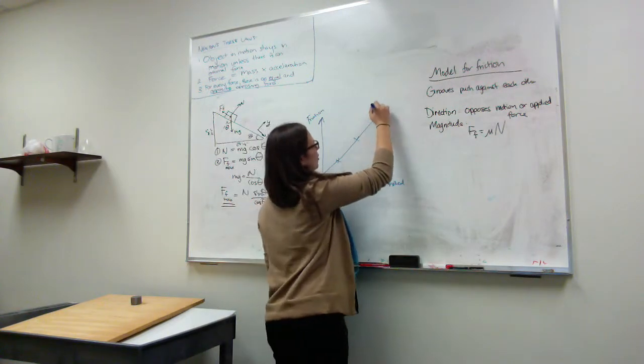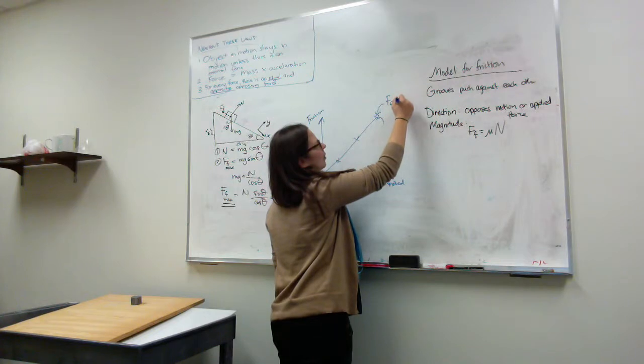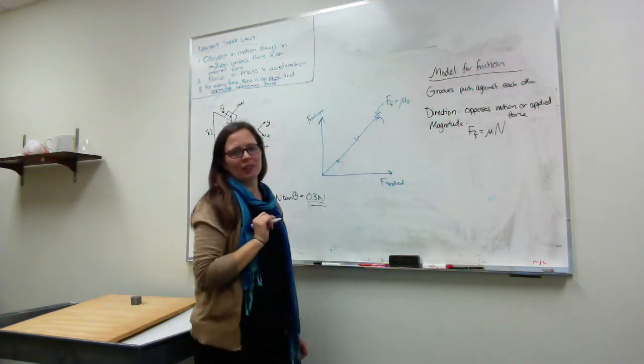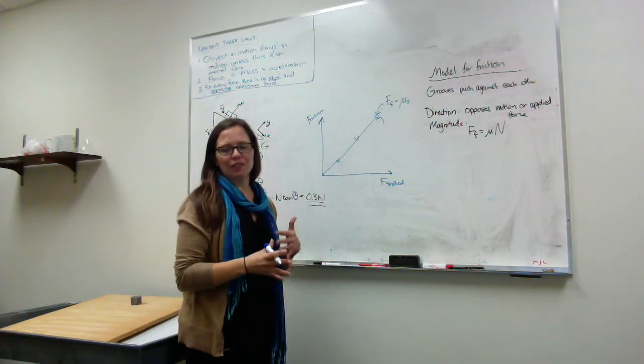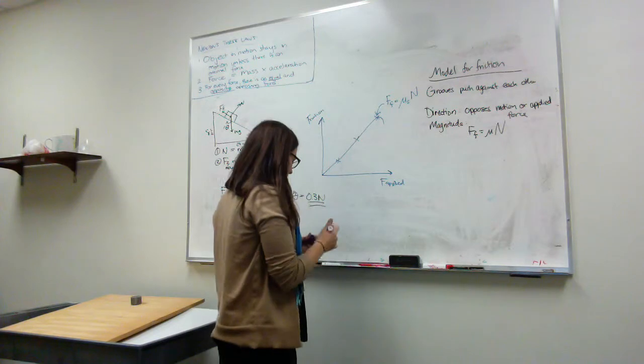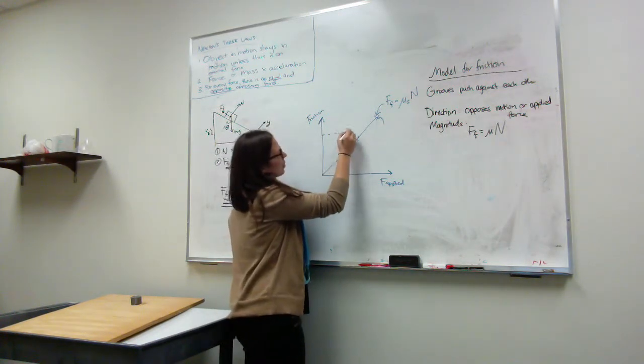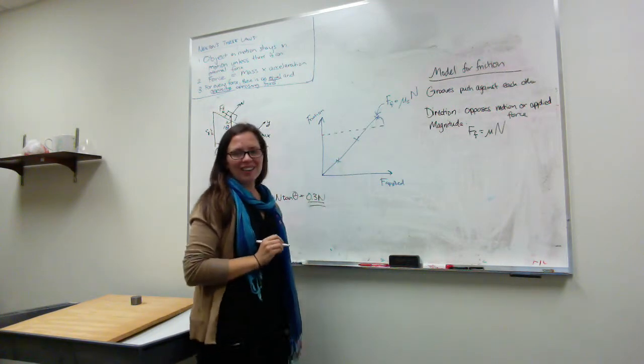And this maximum value actually turns out to be equal in magnitude to some constant, mu sub s, which is a coefficient of static friction, which you can look up, times N. And then for kinetic friction, this is actually pretty cool. It's a constant.